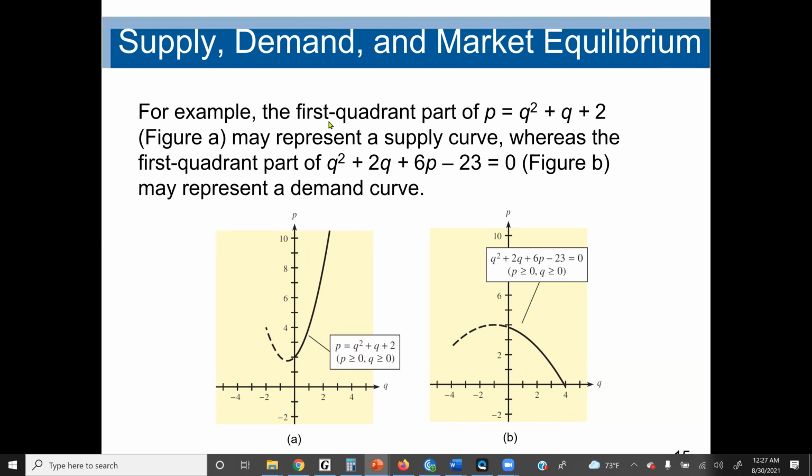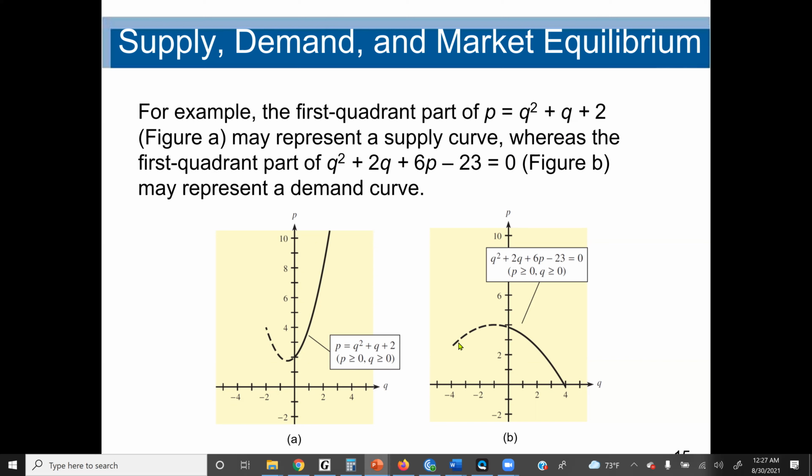The only difference is that this time the equations given to us are in quadratic form. So for example, we say the first quadrant part of P is equal to Q squared plus Q plus 2, which is figure A. P, of course, should be greater than or equal to 0. Q also, because these will be price and quantity. Price and quantity can never be negative values.